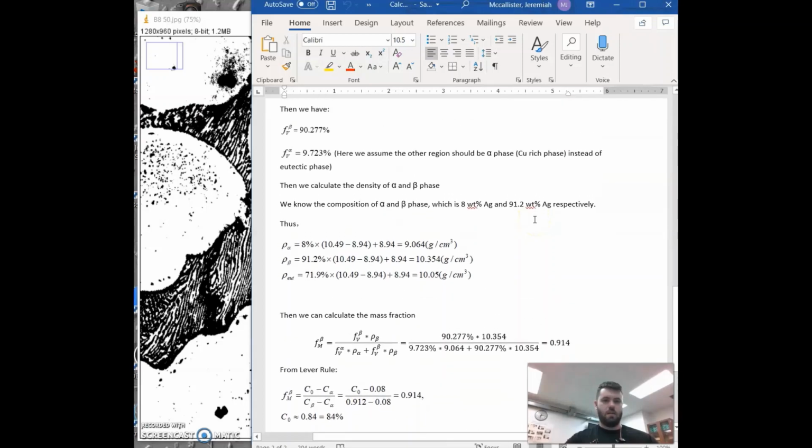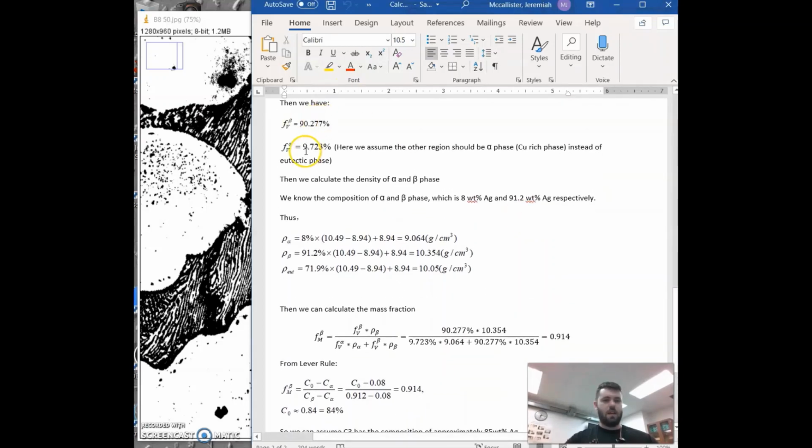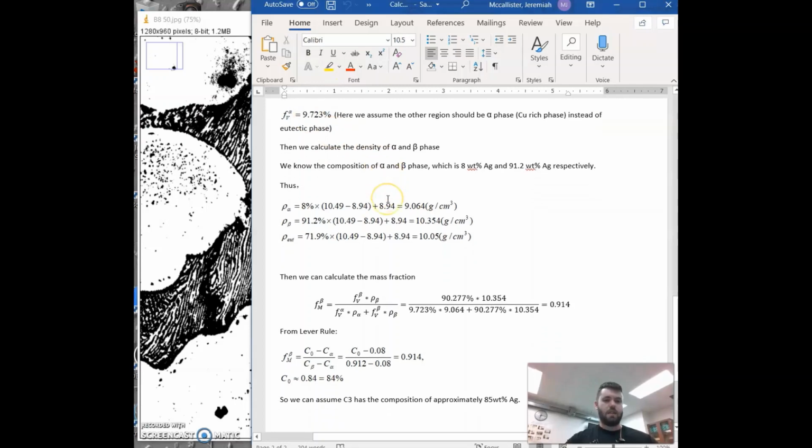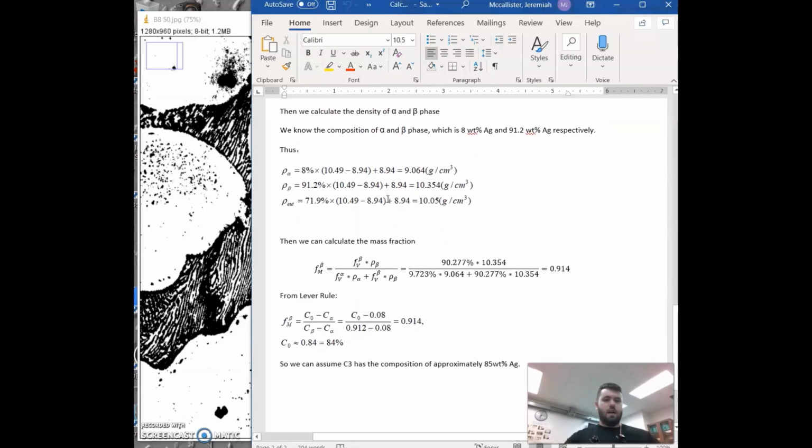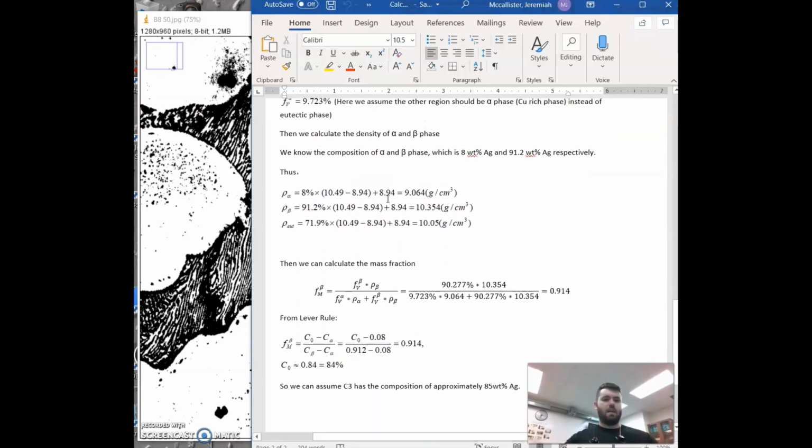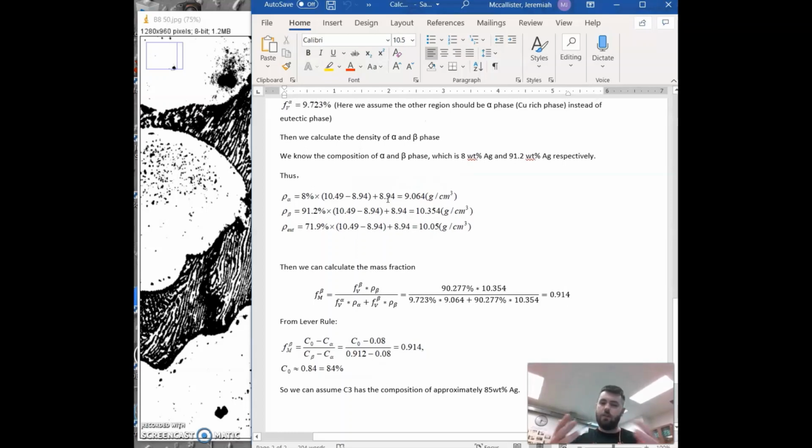And so in another image, they calculated 90.9%. And we need to calculate the density of our alpha and beta phases, so we can multiply it by our volume fraction. To calculate a density, we need to know the composition of our alpha and beta phases, and we know that we are below the eutectic point where everything solidifies.